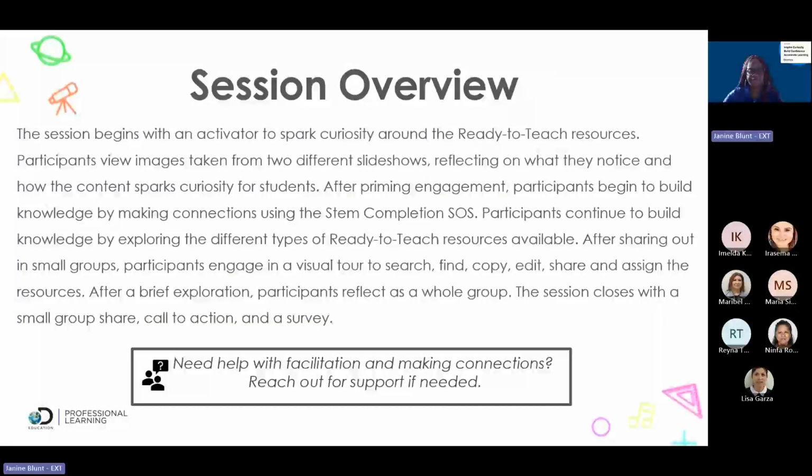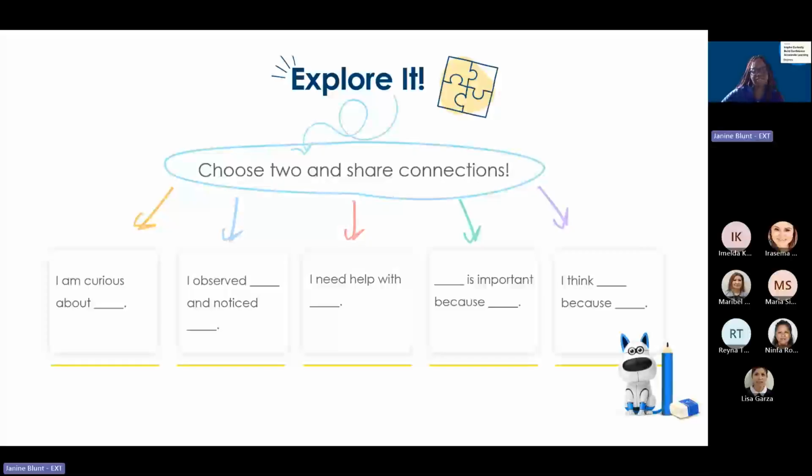Using the strategy we were talking about before we started to look at some of the ready to teach activities, I'd like us to use one of the sentence stems based upon what you looked at.